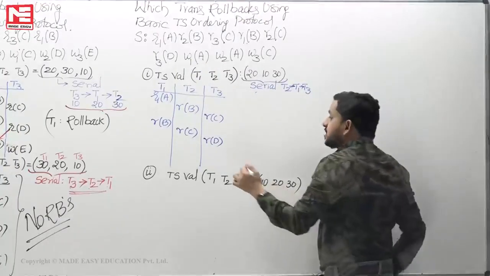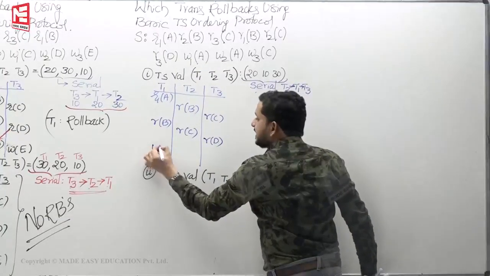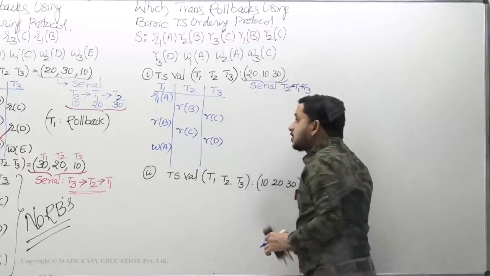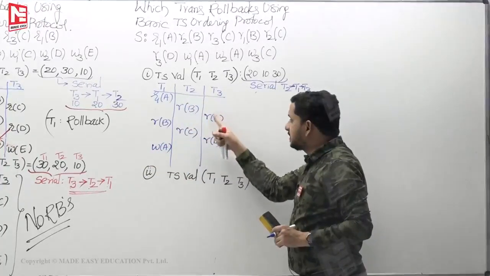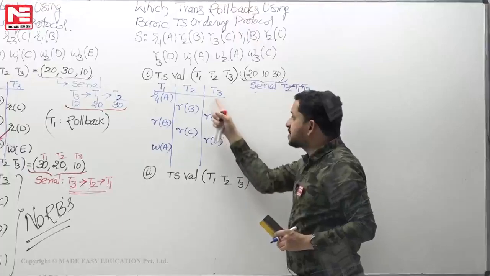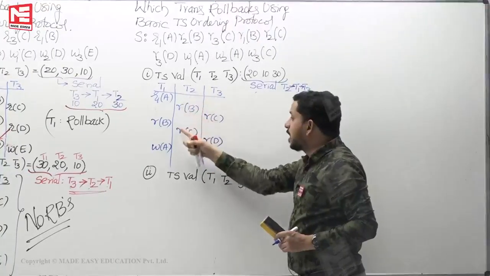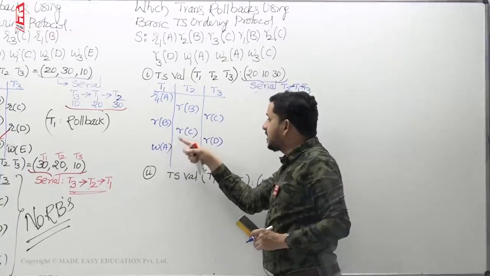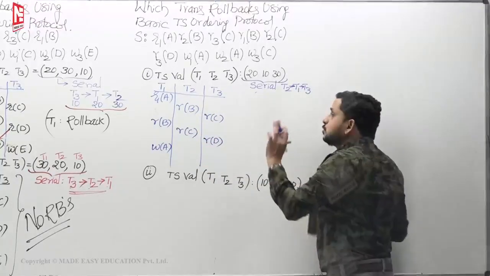Then the next operation, write A. See, this write A does not conflict, because in T2 and T3 there is no read A or write A operation here. So this write A does not conflict with anyone, no issue.